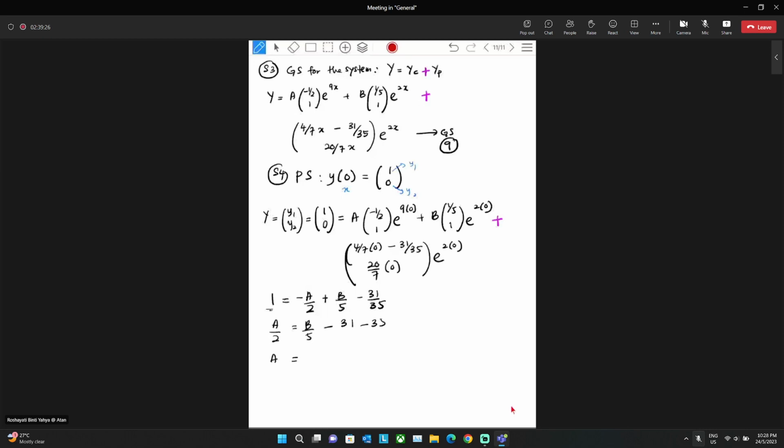Times 2, A becomes 2B over 5 minus 66 times 2, which is 132 over 35. Where did 67 come from? It should be 66, so this becomes 132.